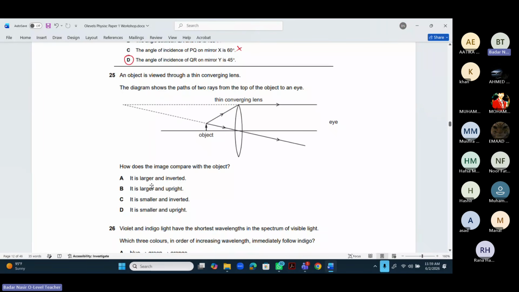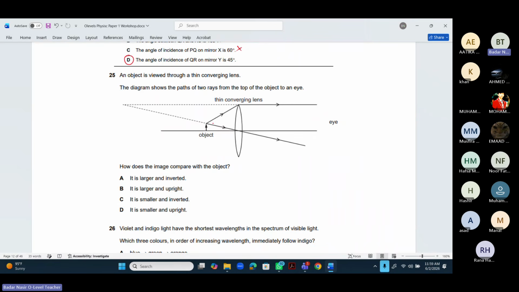An object is viewed through a thin converging lens. The diagram shows the paths of two rays from the top of the object to an eye. How does the image compare with the object?